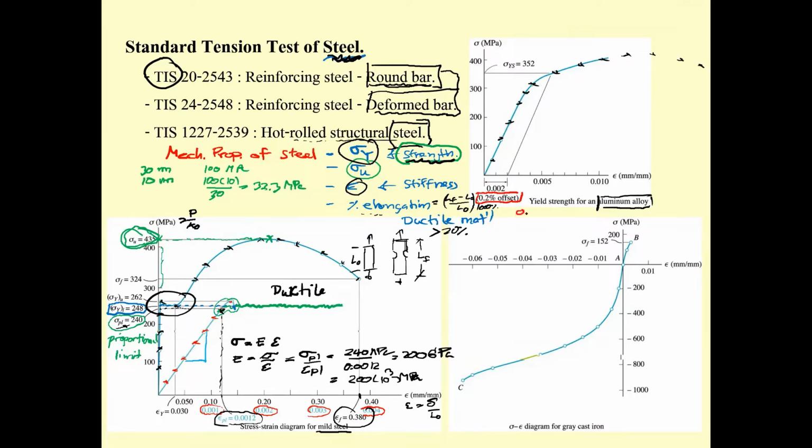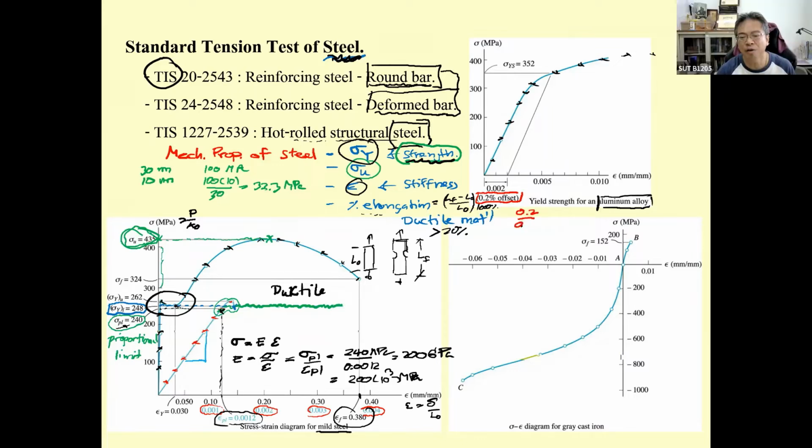This 0.2% is 0.2 divided by 100. That is going to be 0.002. This is going to be the reference strain.